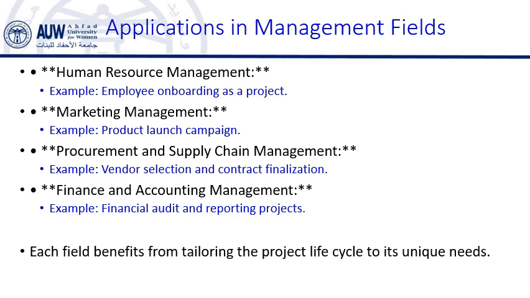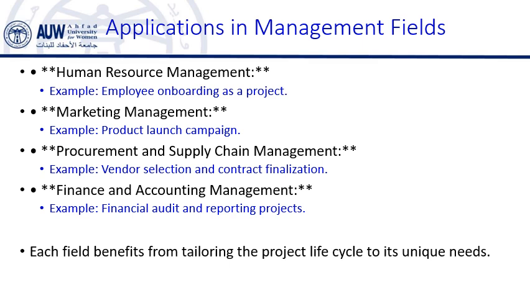In procurement and supply chain management, projects often revolve around vendor selection, contract negotiations, or supply chain optimization. So for a vendor selection project, the initiation phase involves identifying the need for a new vendor.